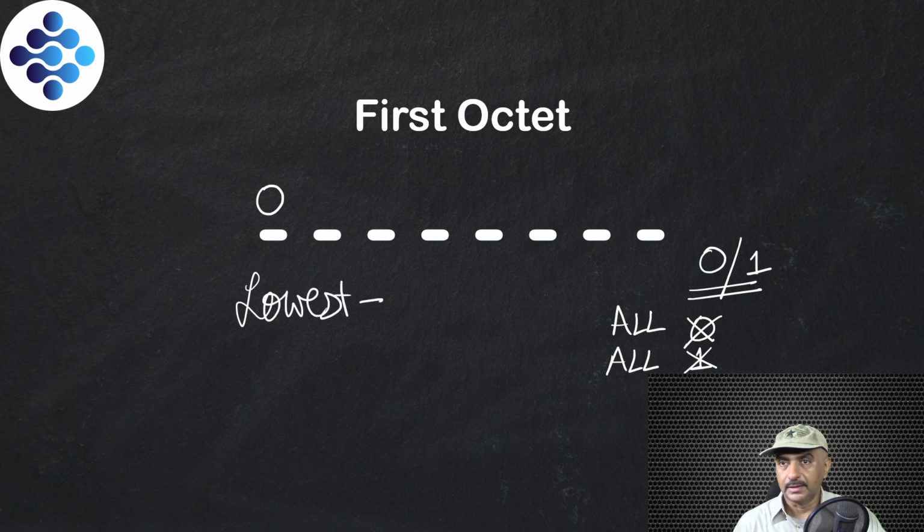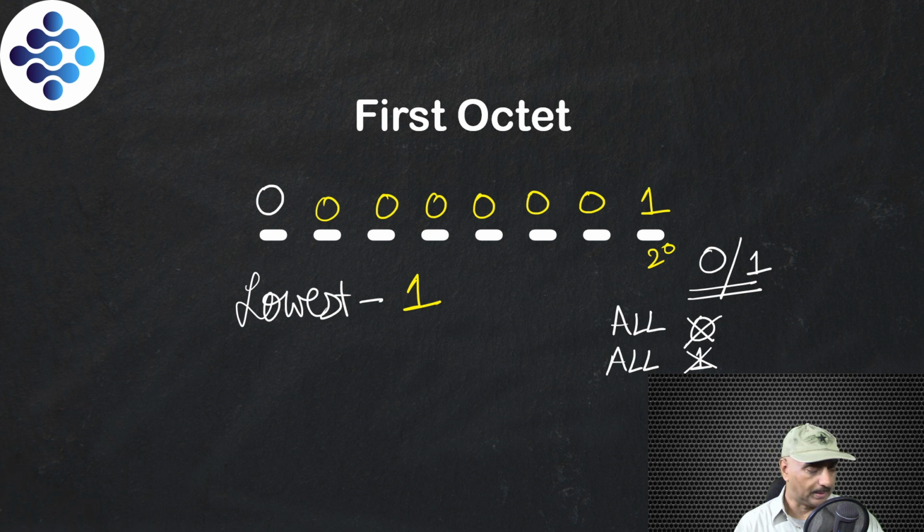Now if you see, we start putting 0, 0, 0, 0, 0, 0, 0. No, this cannot be 0 because all cannot be 0. So we have to put 1 here, right? So I just write 1 here. This would be the smallest possible number. So it would be 1, correct? Because this was 2 raised to 0. So this is the smallest possible number.